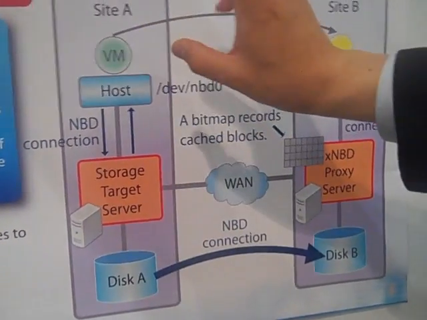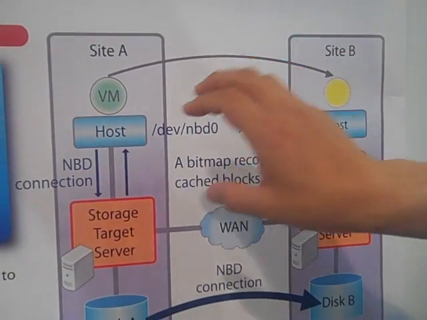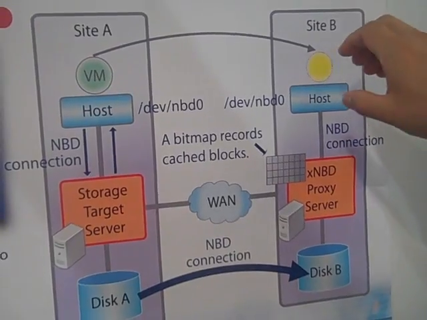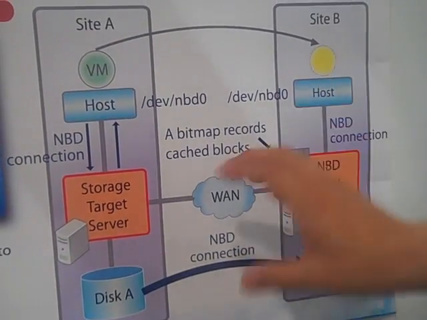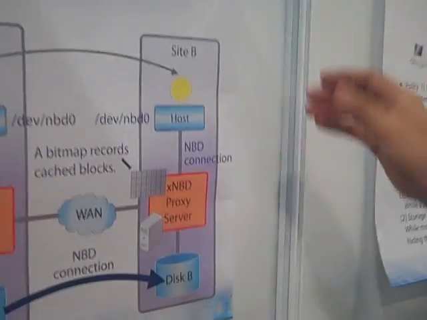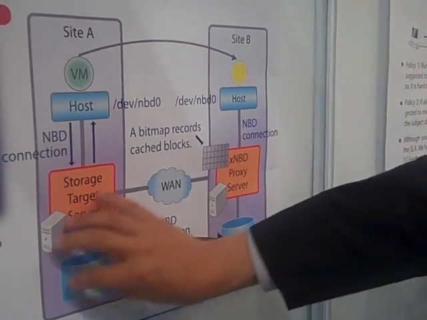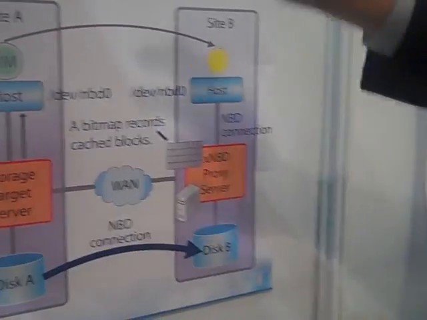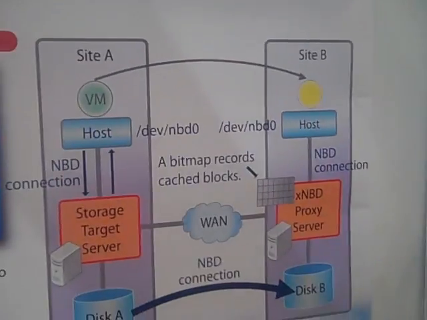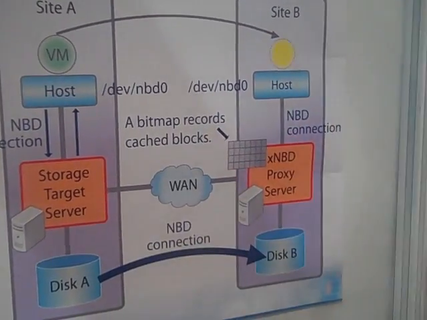Once you find a virtual machine at site A which can be moved to the other site, the whole data is copied on demand. So you don't need to simultaneously copy the whole big size of data from A to B, but all the data follows in an on-demand fashion.